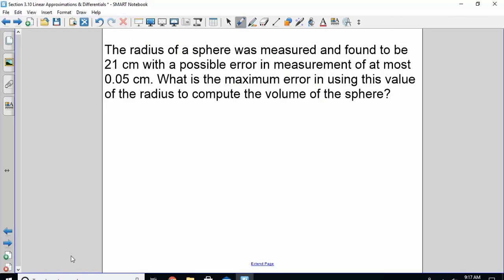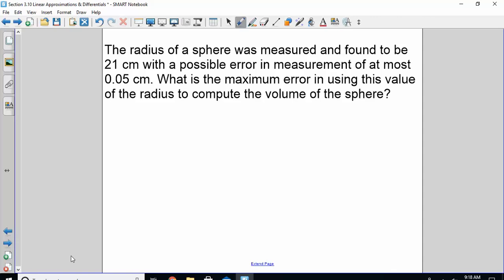Let's take a look at this. The radius of a sphere was measured and found to be 21 centimeters with a possible error in measurement of at most 0.05 centimeters. What is the maximum error in using this value of the radius to compute the volume of the sphere?